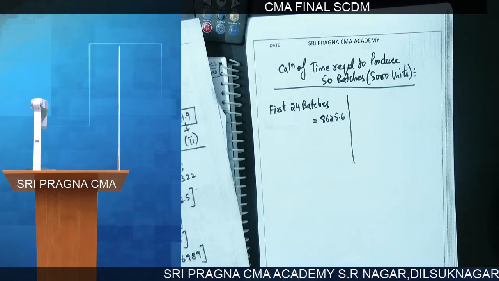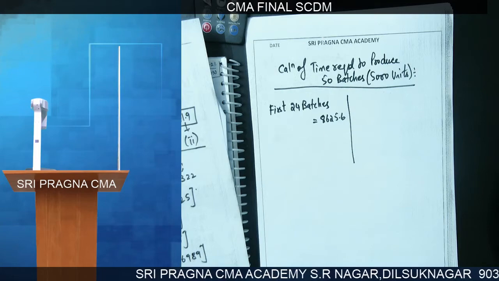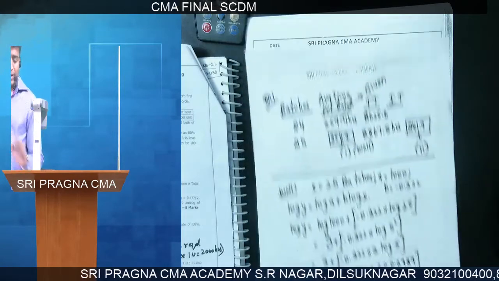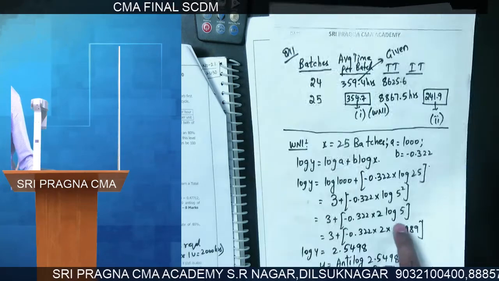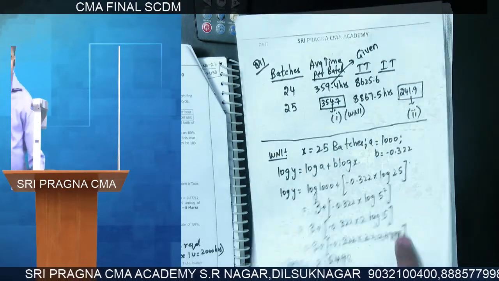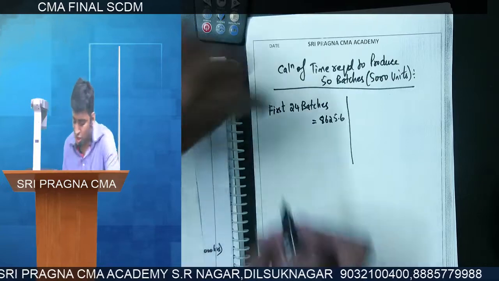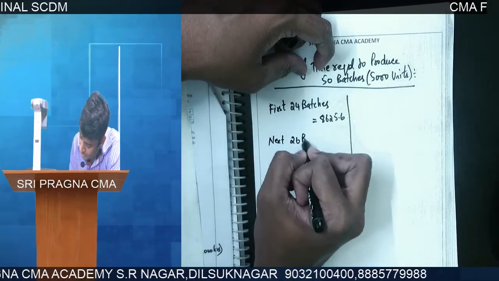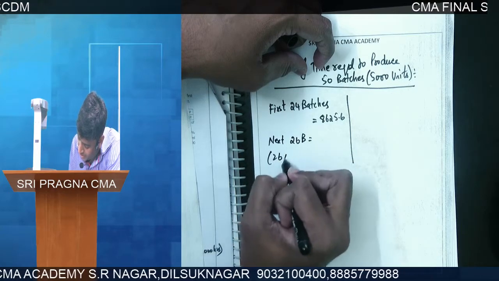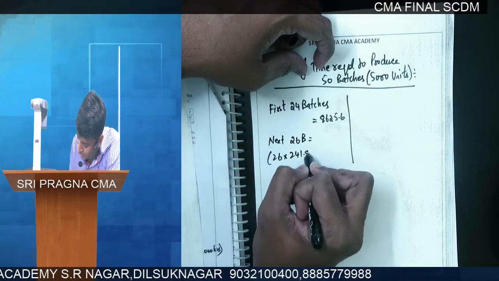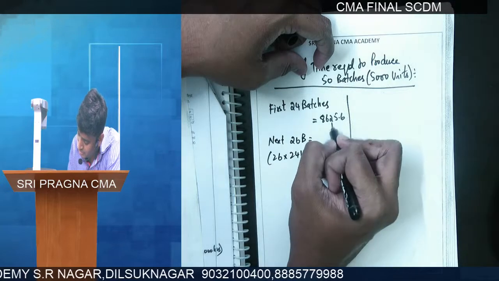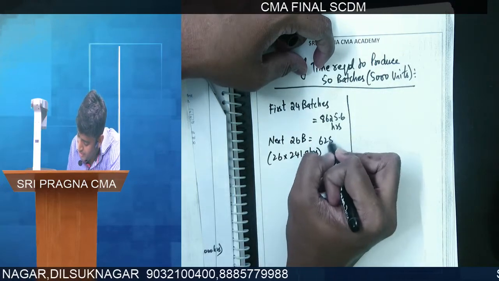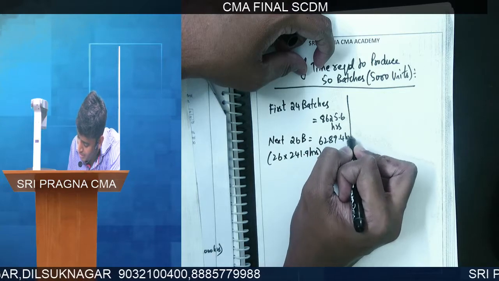From the 25th batch to the 50th batch, each batch will take the same time. What is the time taken by the 25th batch? Louder. So the next 26 batches will be 26 into 241.9 hours. Tell me. 6289.4, multiply and add.